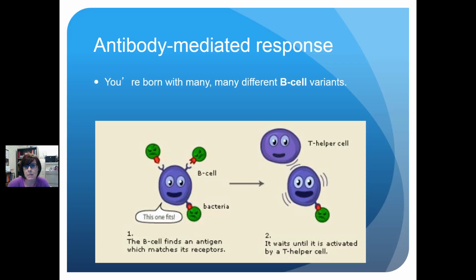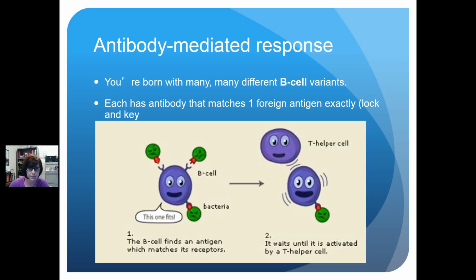So you're born with many thousands of different B cell variants. They're just sitting there in your bone marrow waiting to be activated. And how do they get activated? They get activated when that particular pathogen, whether it's a virus or a bacteria, actually invades your body. Each antibody matches one antigen exactly.